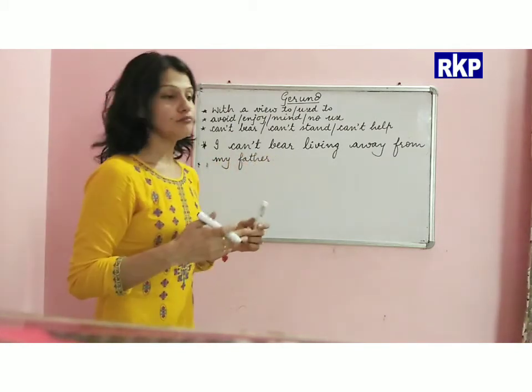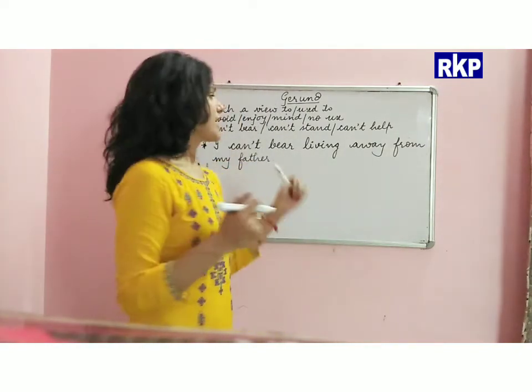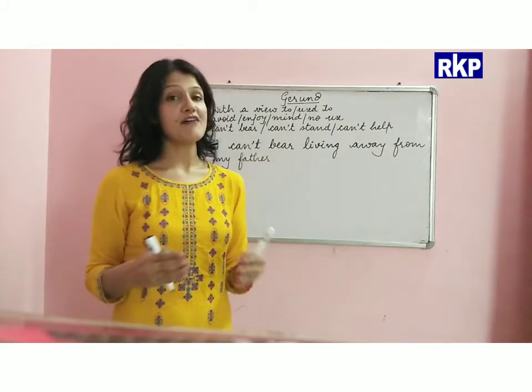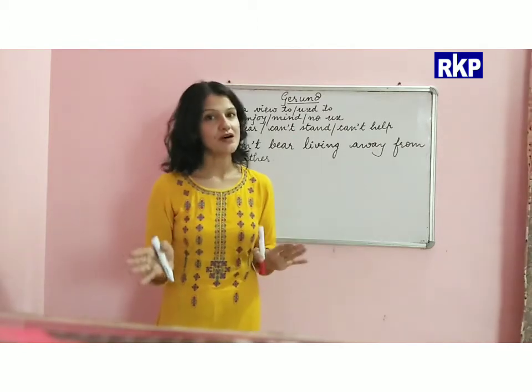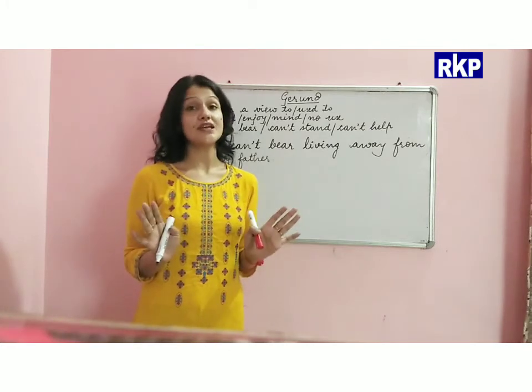I'm very much attached to my father, so I say I can't bear living away from my father. It simply means I can't live without him. I can't bear means I can't stand this situation.